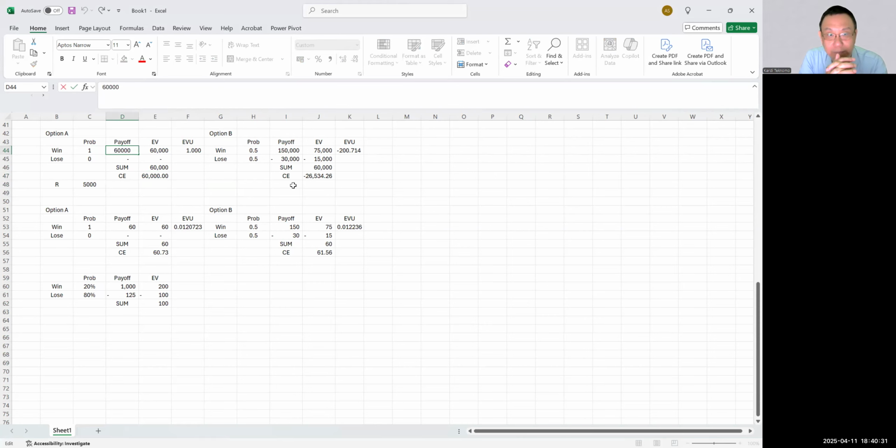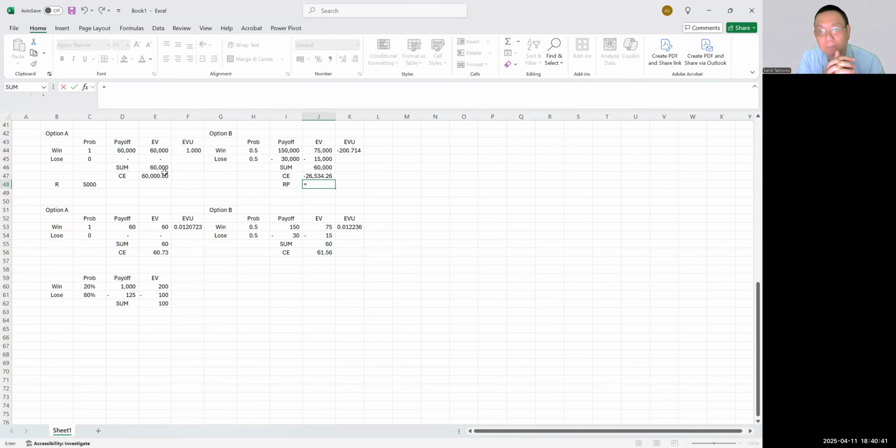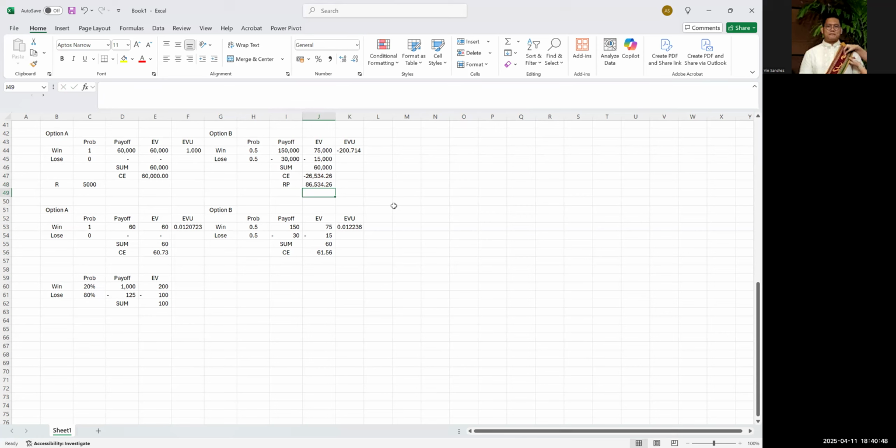And then the other one is negative 26. Then for the RP, it's the difference between 60,000 and the CE of option B, 86,000. Okay.